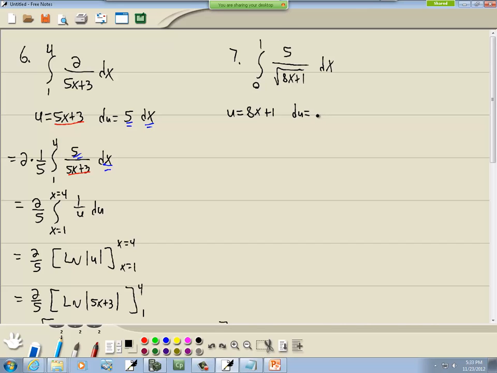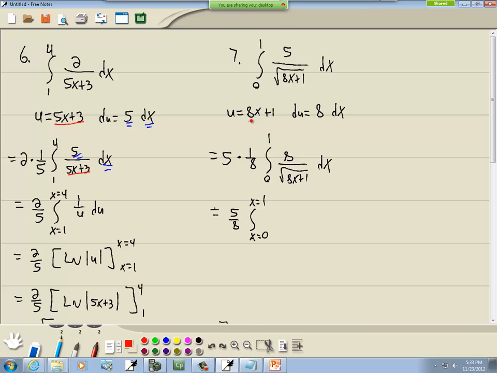And derivative of 8x plus 1 is 8 dx. Okay, so we need an 8 inside. We don't want a 5, so I'll take 5, put it out in front. And we're going to put an 8 inside, so we'll put a 1/8 out in front. So we've got 8 there, and square root of 8x plus 1 dx. So that gives us 5/8 from x equals 0 to x equals 1.